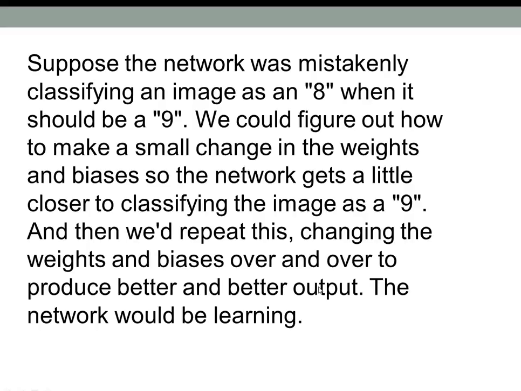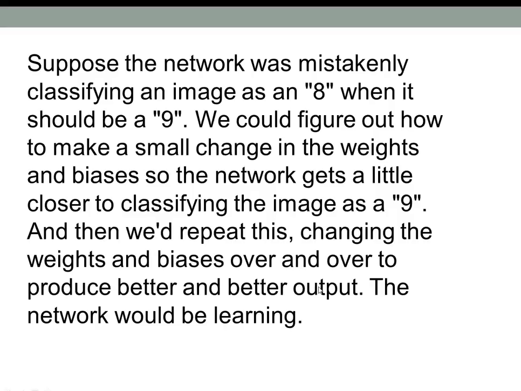So it's actually an 8. We put it in, and it says it's a 7. It says the probability of 7 is a little bit higher than the probability of 8. So how are we going to adjust the weights from that scenario?